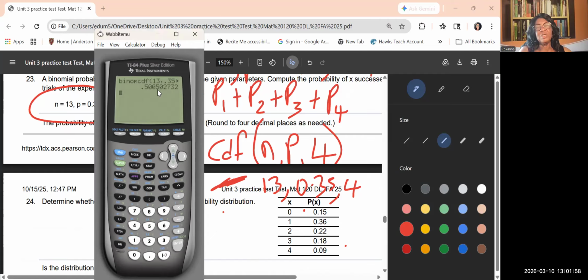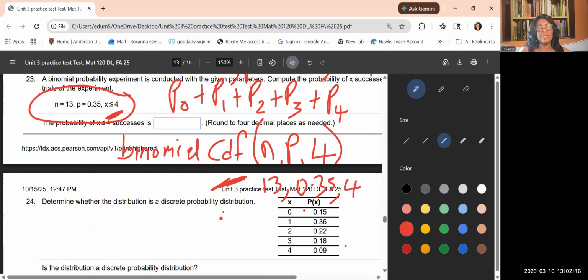And this at most 4 is P0 plus P1 plus P2 plus P3 plus P4. All right, so we have already seen how to find the probability of at most 4. Now that I know this, I can write my answer here, 0.5005. That is the probability I'm told to find.